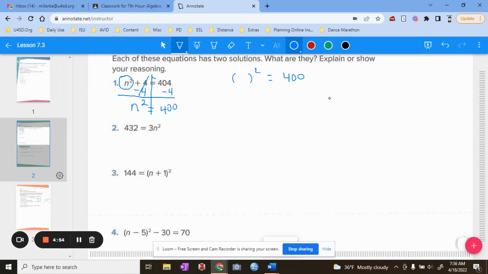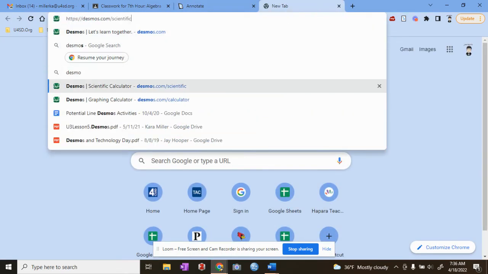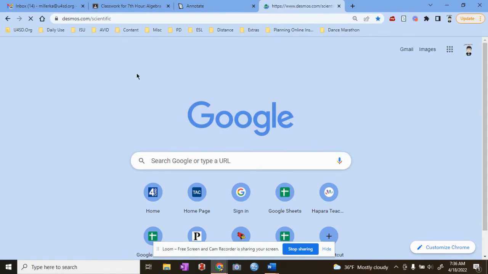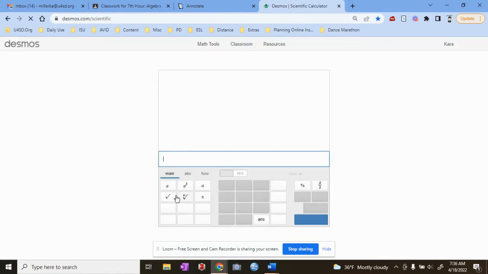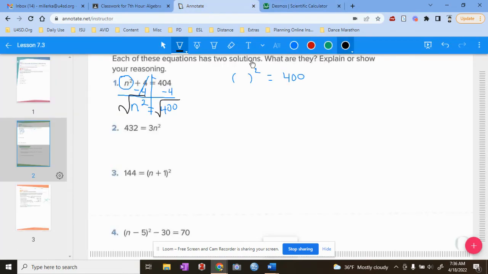So n squared equals 400. You may remember that we can use the strategy of taking the square root of both sides. Okay, so let me go to our Desmos scientific calculator here. And we are going to take the square root of 400 and we get 20. You might also recognize that 20 times 20 is 400.